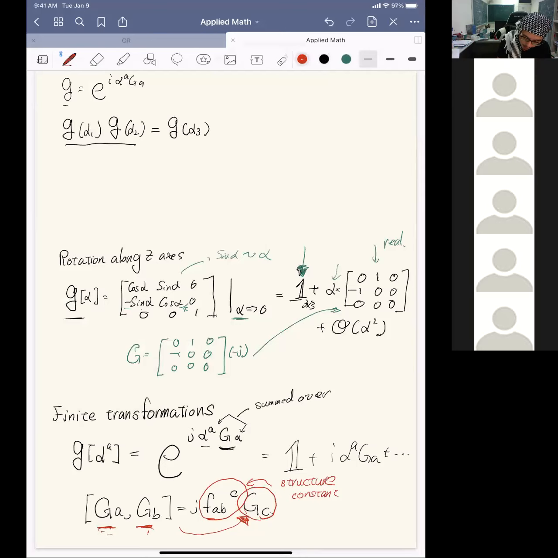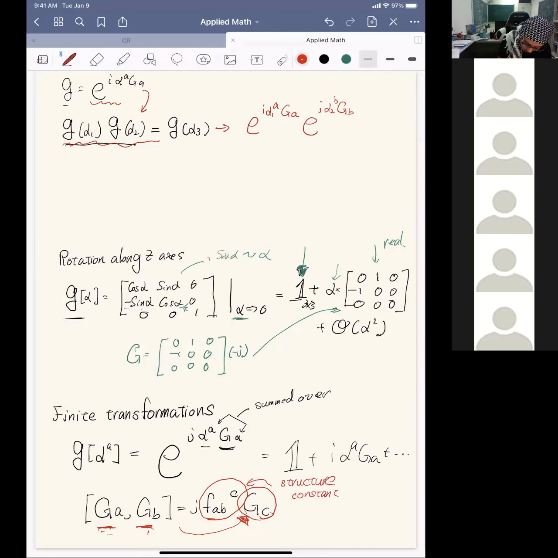But if you write these transformations G in terms of the generators, then this is a very non-trivial constraint on your generators, because if we plug this representation into this requirement, then I have exponential of i alpha 1 A GA times exponential of i alpha 2 B GB.